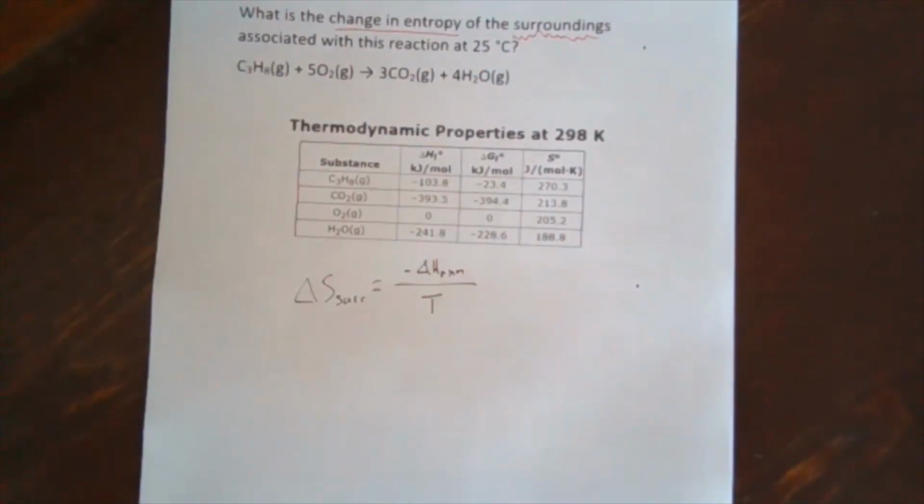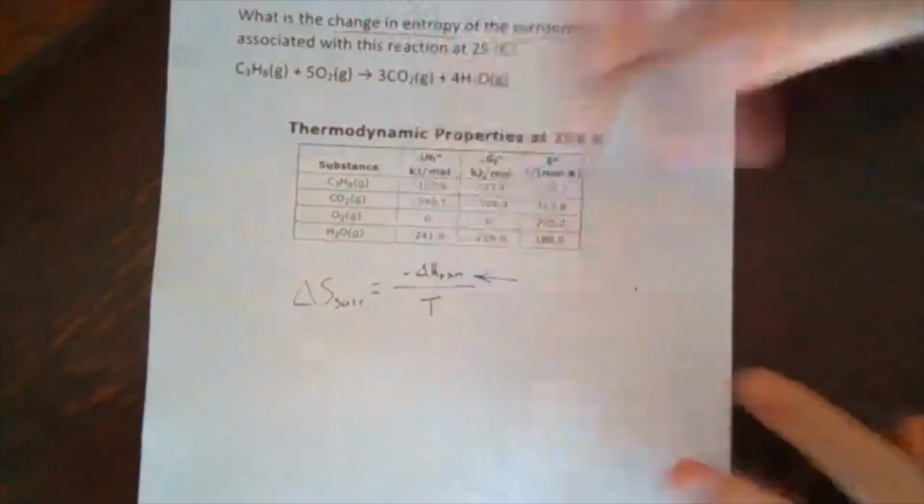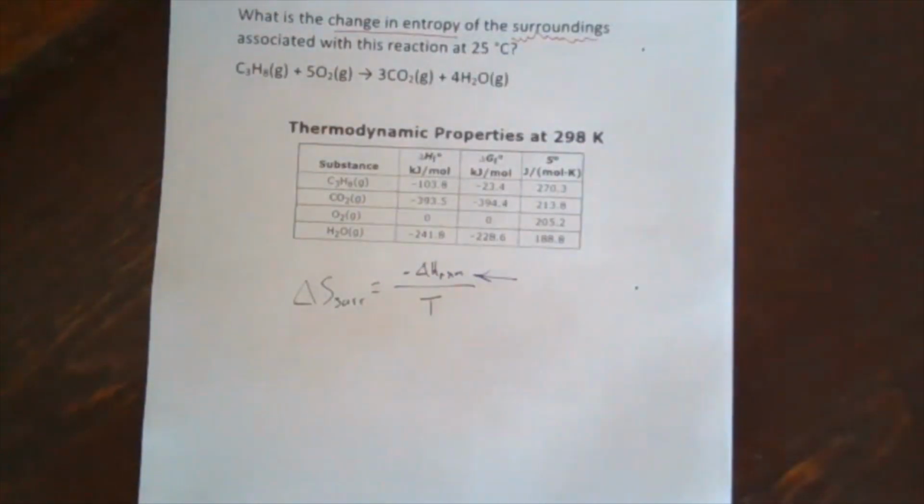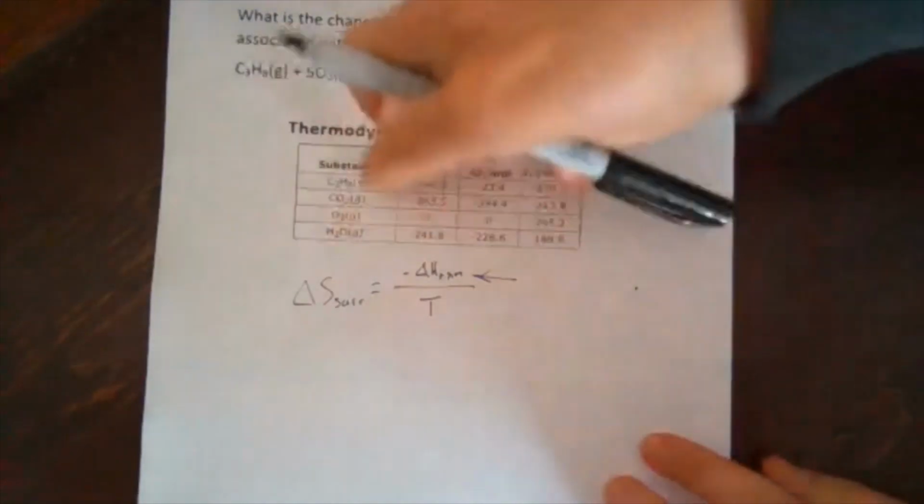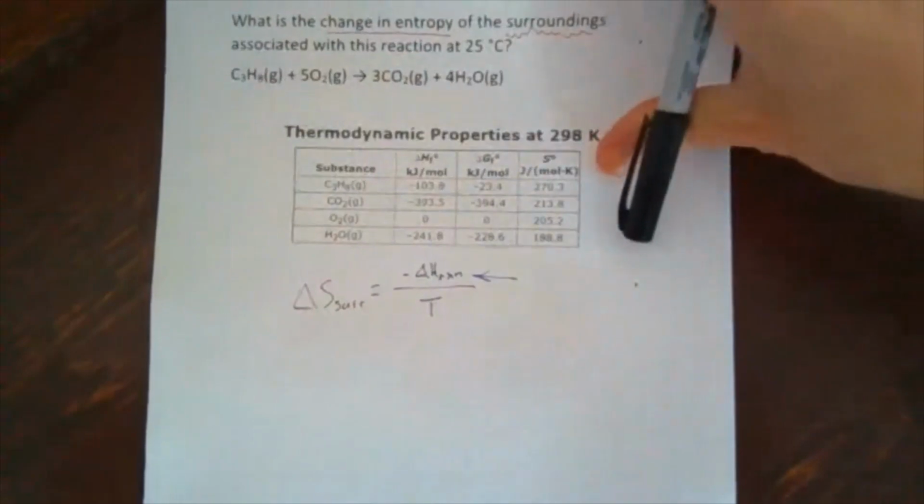So what we really need to do first is get delta H of reaction. We can calculate delta H of reaction using reference data. I'm going to do that on a separate sheet of paper here.